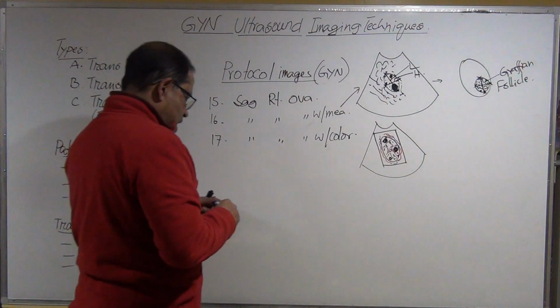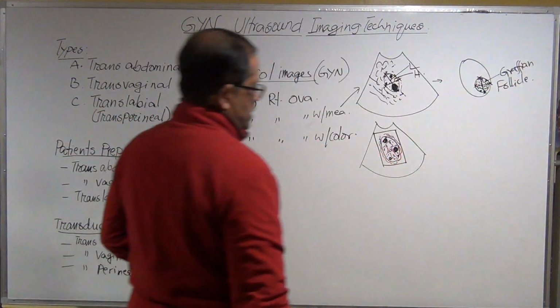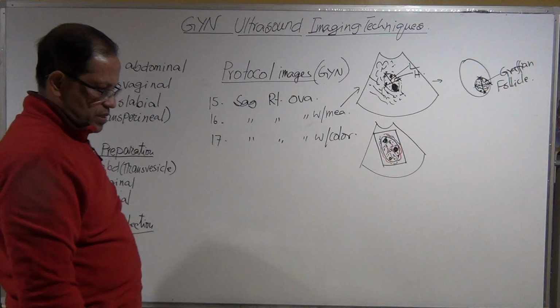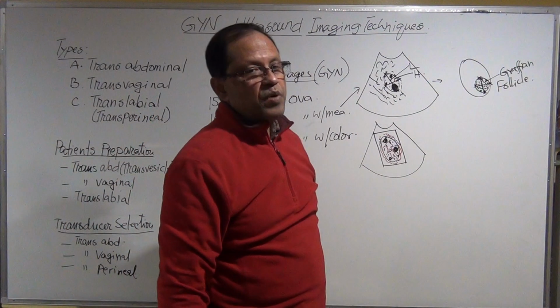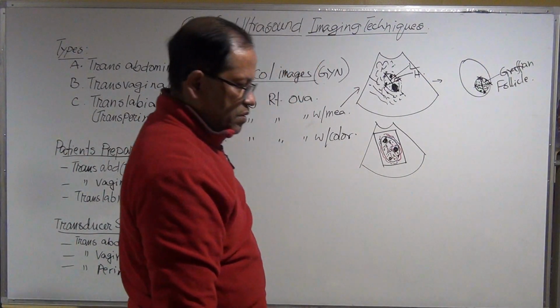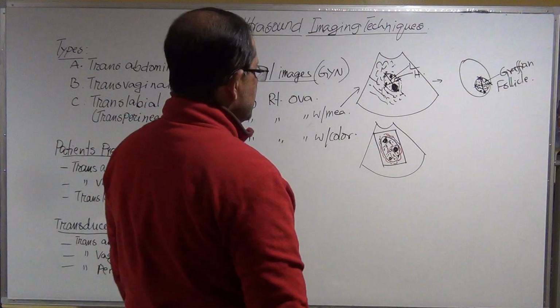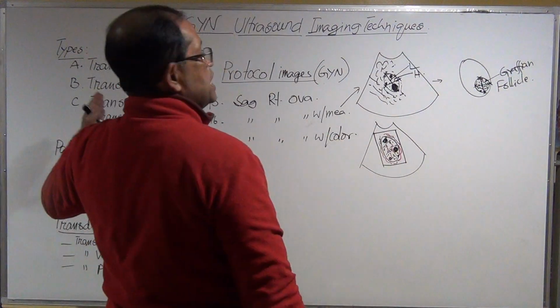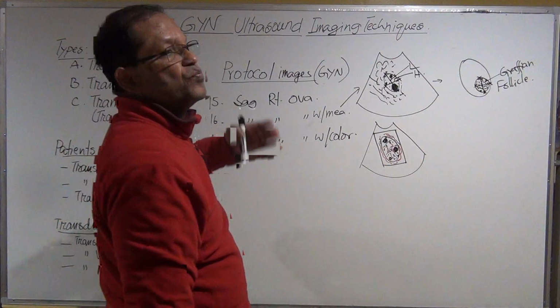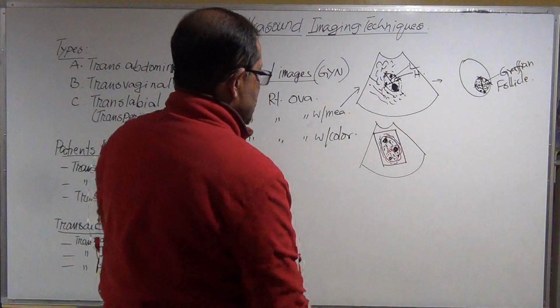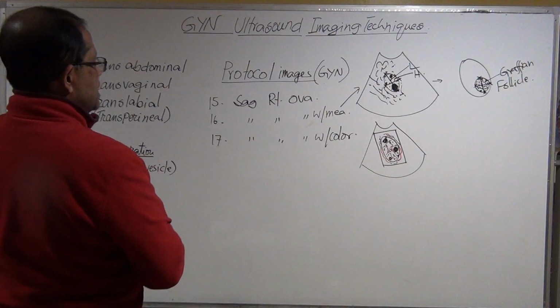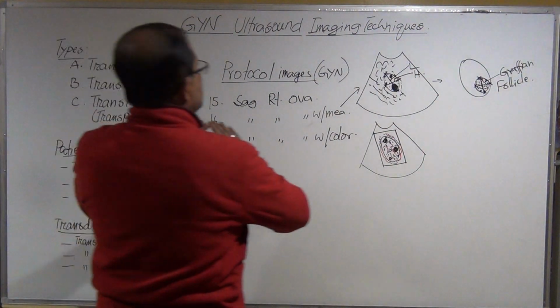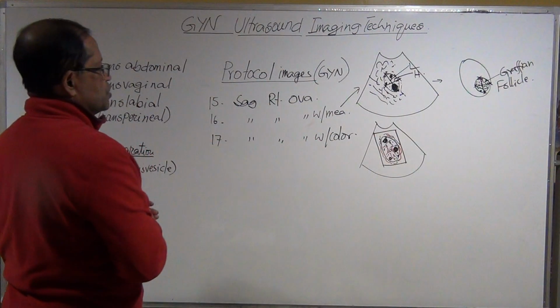Once you see this color, record it and capture it. If you want to do the Doppler, you can do it from the artery and from the vein. The appearance you will get is based on the phase of the ovarian cycle. So this is the sagittal approach.